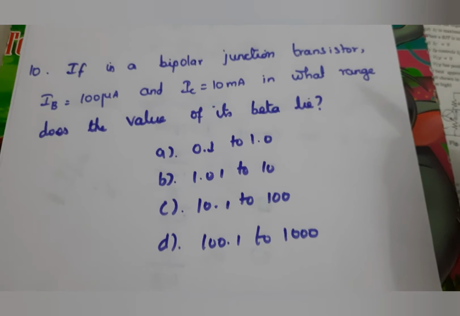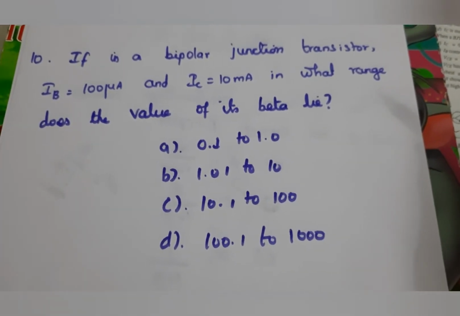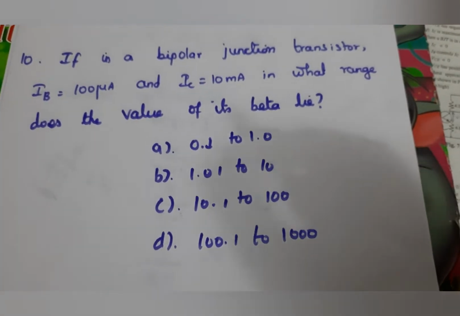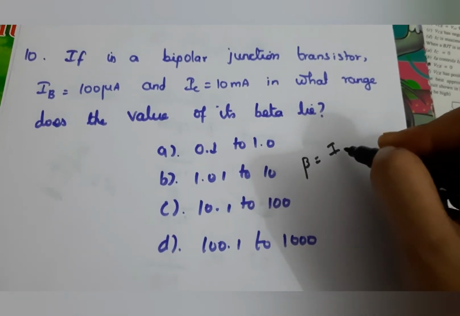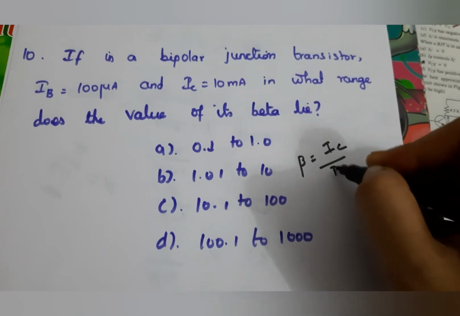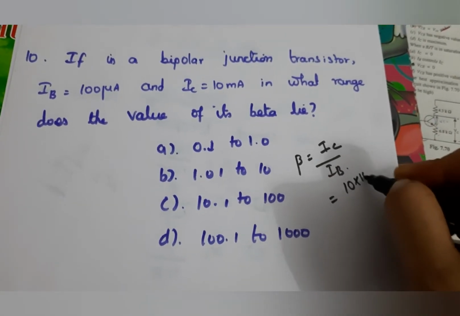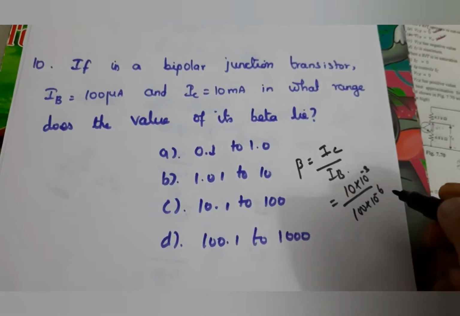Next question: if in a bipolar junction transistor IB is equal to 100 microamps and IC is equal to 10 milliamps, what range does the value of its beta lie in? Beta is equal to IC divided by IB. IC here is 10 into 10 to the power minus 3 and IB is 100 into 10 to the power minus 6.